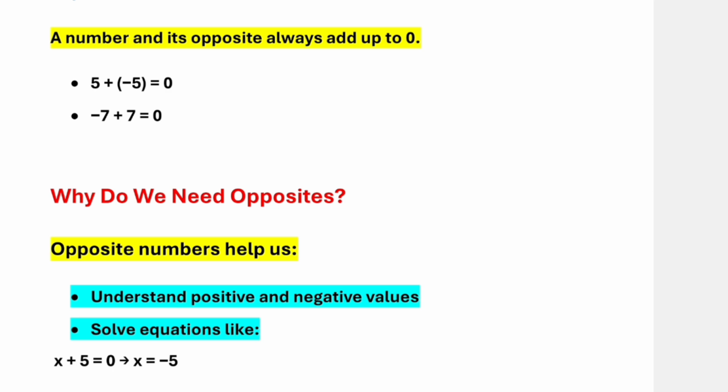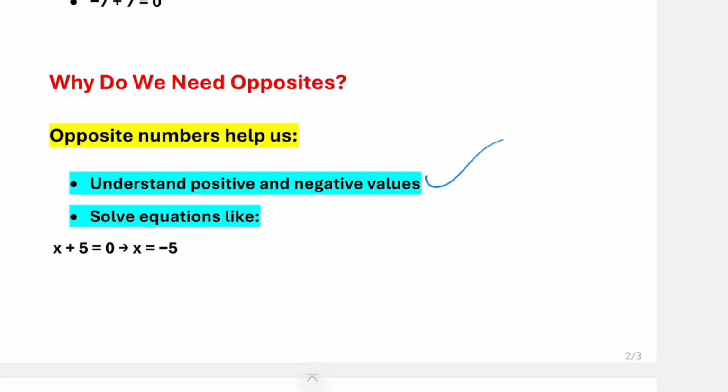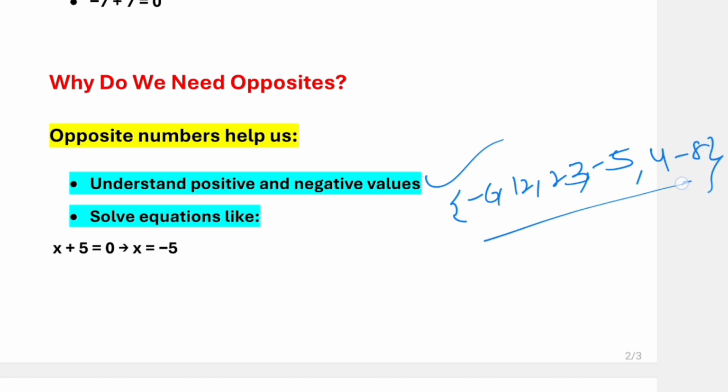Why do we learn opposite numbers? To understand positive and negative values. For example, the set of minus 6, 12, 23, minus 4, 4, minus 8. The above set contains some numbers.